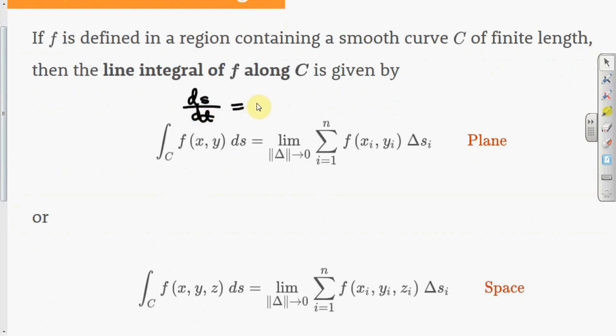This is simply the norm of r prime of t, that we called back before the so-called speed.